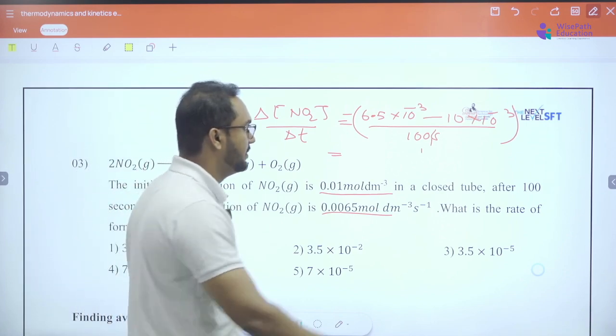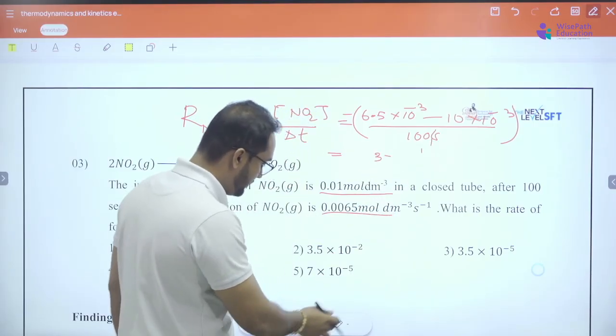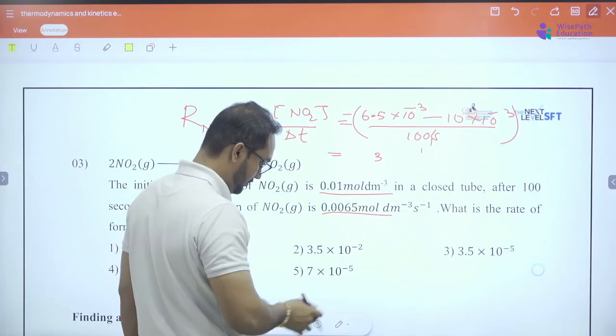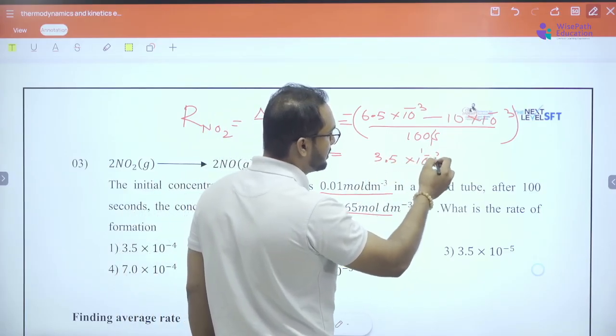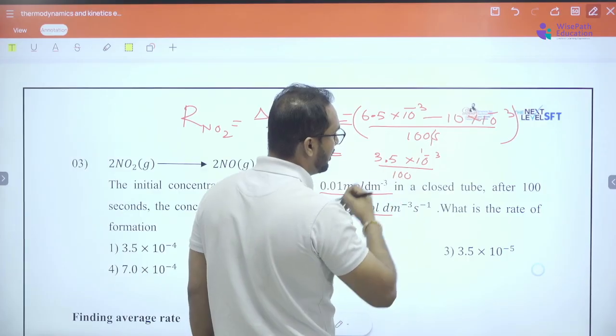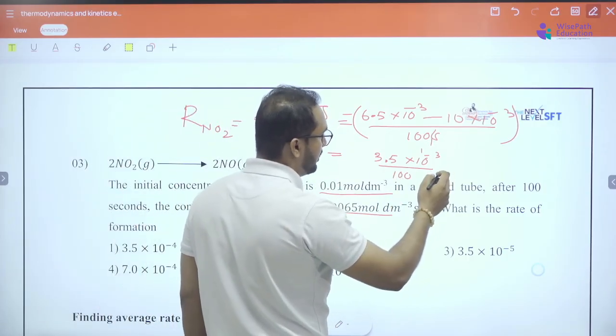Yes, 3.5 into 10 to the power minus 3 divided by 100.